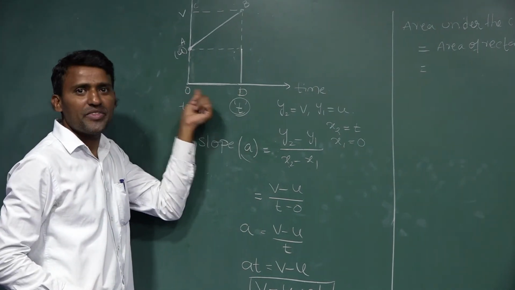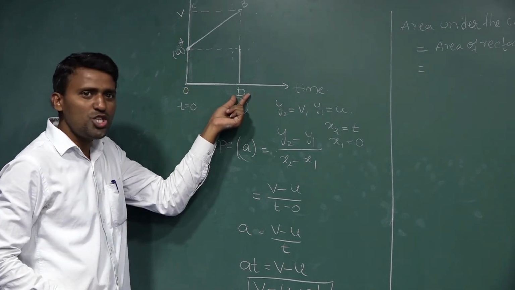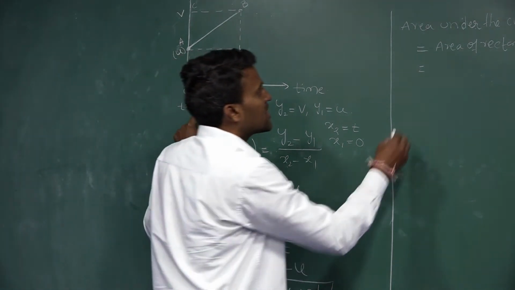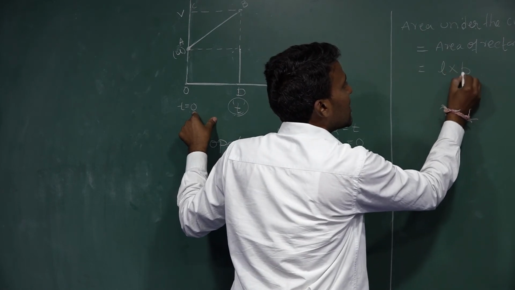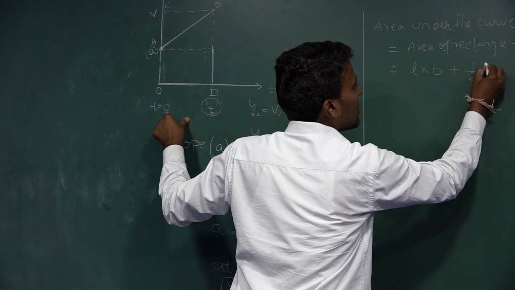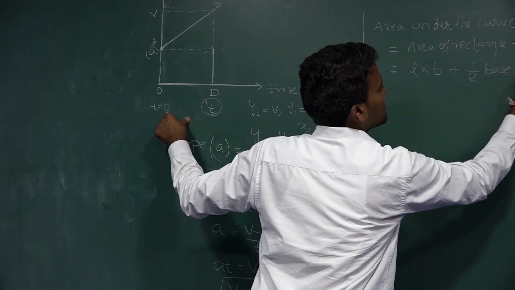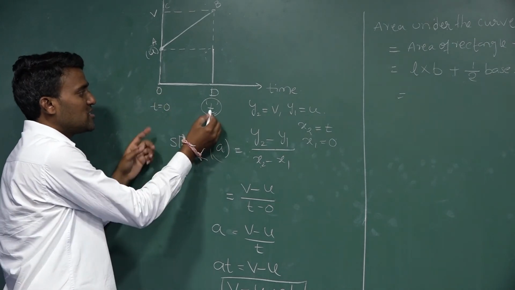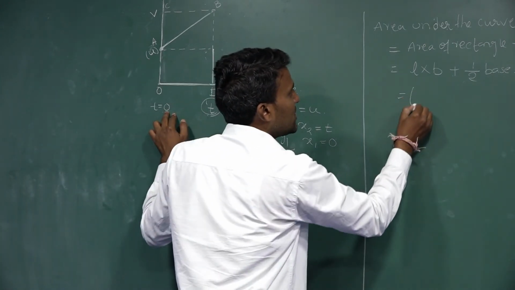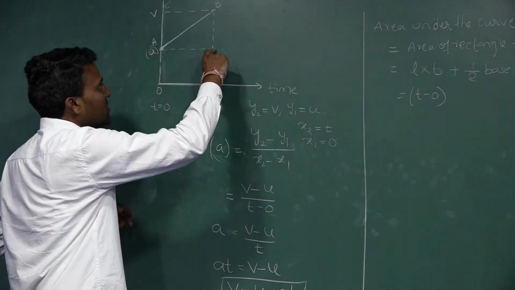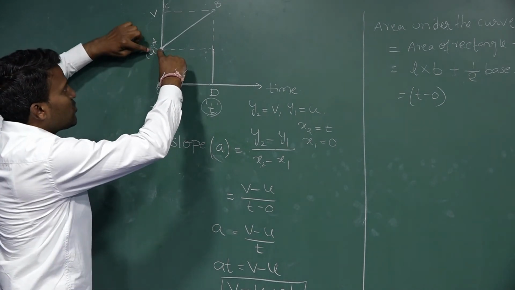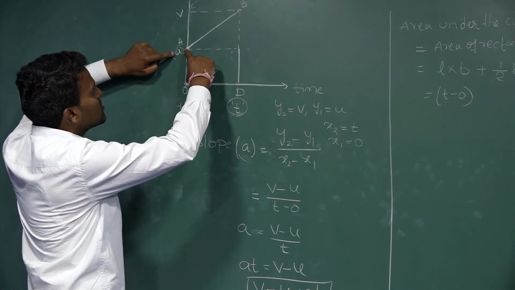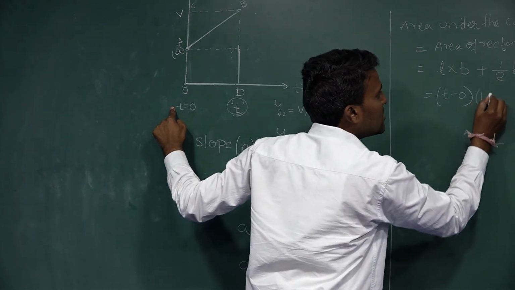So D minus O, final position minus initial position, is the length: the final position is t and the initial position is 0, so the length is t minus 0. The breadth is u minus 0, because at t equal to 0 the velocity is u.